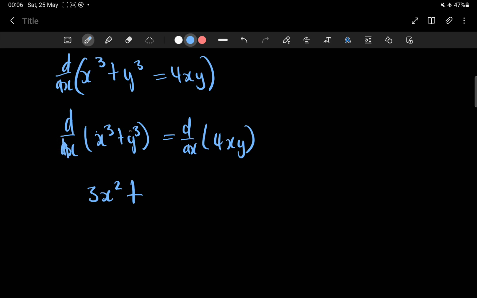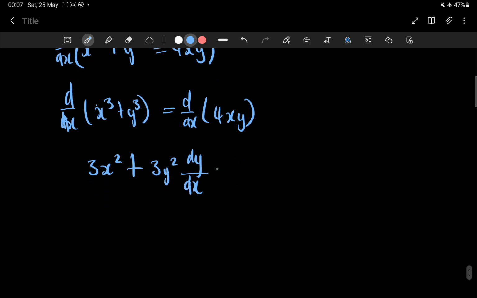First you act like you are differentiating with respect to y, okay? So you bring down the power 3, reduce it by 1, y squared. Then you multiply by dy dx. So whenever you differentiate a y, remember to then put dy dx at the end, okay? If you differentiate anything that has a y, you remember to write dy dx at the end.